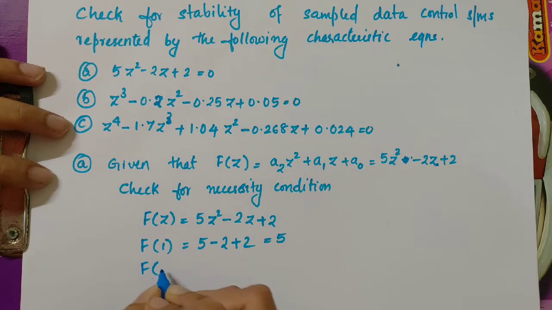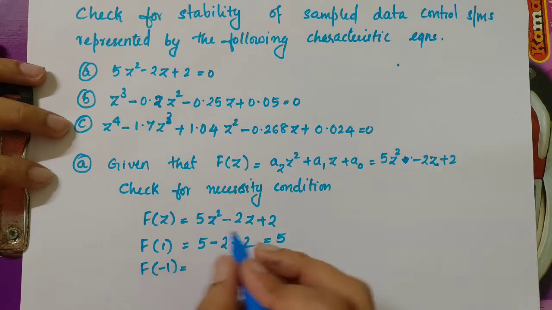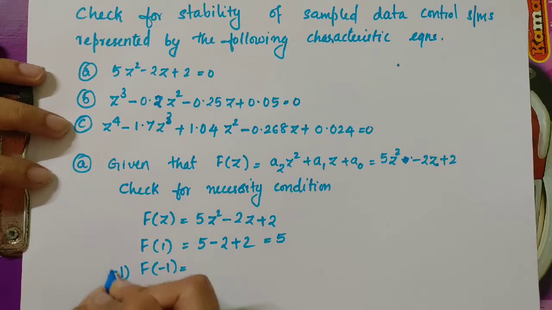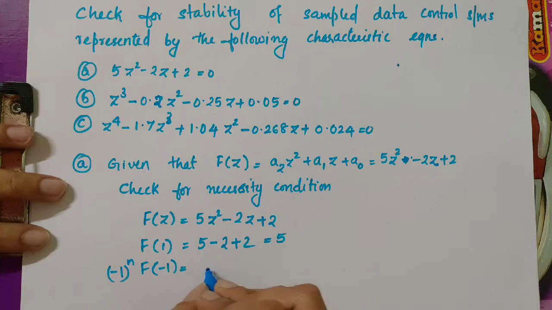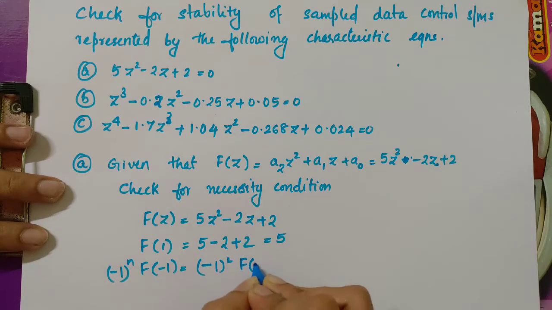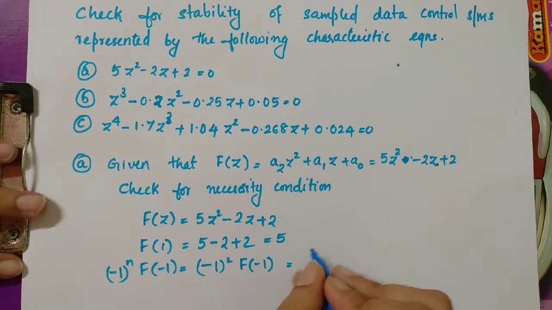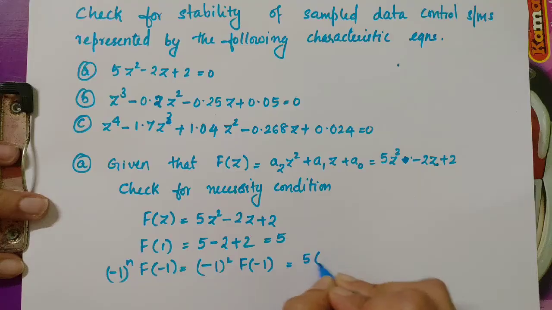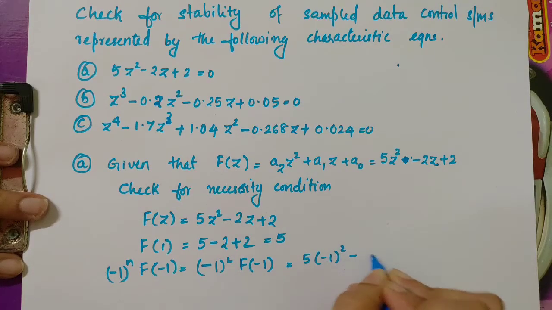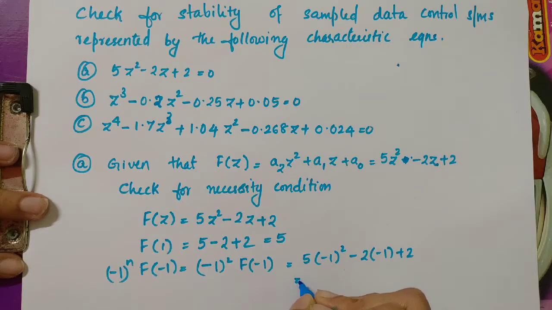Now f of minus 1 will be, or minus 1 raised to n f of minus 1 എന്ന് പറഞ്ഞാൽ ഇതിൻ്റെ മാക്സിമം വാല്യൂ സ്ക്വയർ ആണ്. So minus 1 square f of minus 1 is equal to minus 1 square is 1, 5 into minus 1 square minus 2 into minus 1 plus 2, that is equal to, you will get 9.